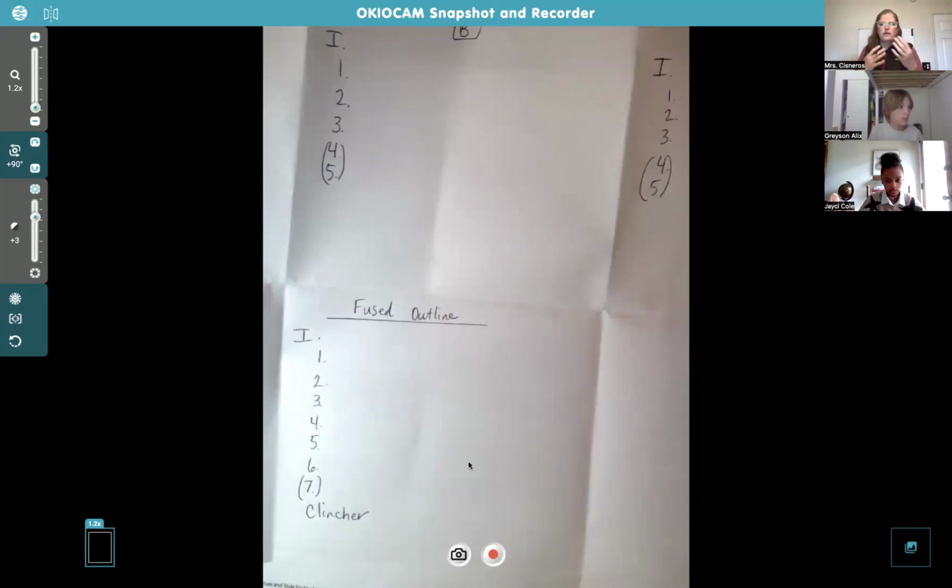And then the third one might be a little bit different. It might be Ducksters, or it might be another website that has historical information about George Washington. But you're going to have lots of choices because George Washington is very famous, and there's a lot of information about him.